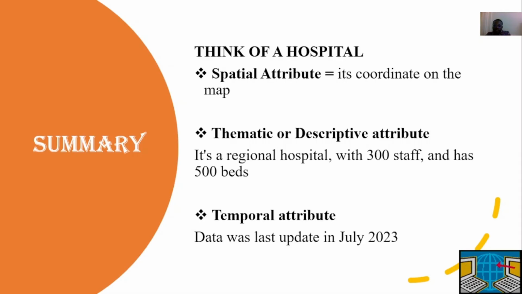Then the thematic or descriptive attribute becomes its description: the hospital as an entity with 300 staff and 500 beds. Then the temporal attribute becomes the date within which the data was updated. So the data was last updated in July 2023.